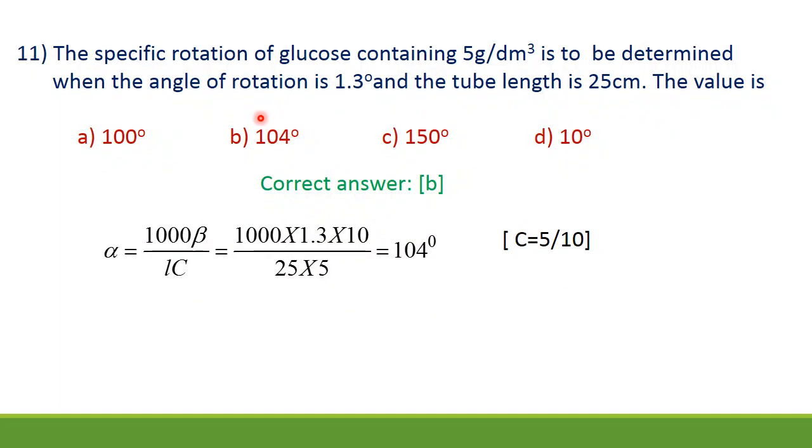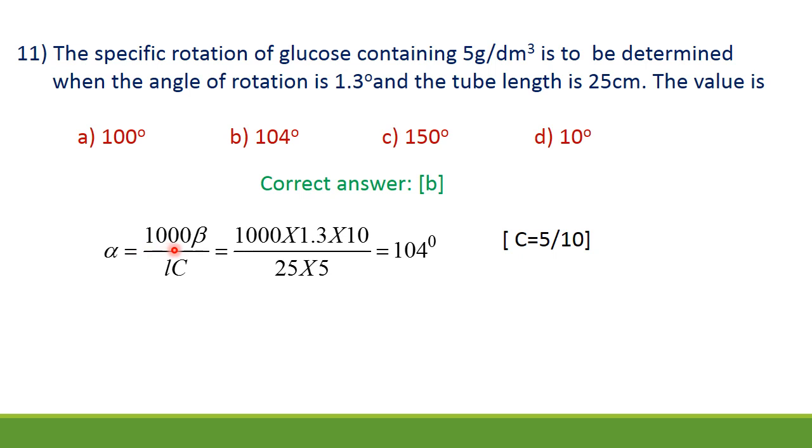Question: the specific rotation of glucose containing 5 gram per cm cube is to be determined when the angle of rotation is 1.3 degree. The tube length is 25 centimeter. The specific rotation formula, alpha equal to, we have rewritten the same formula.